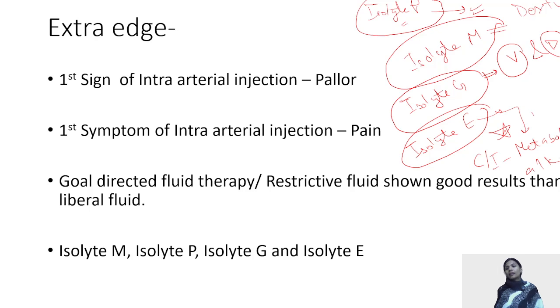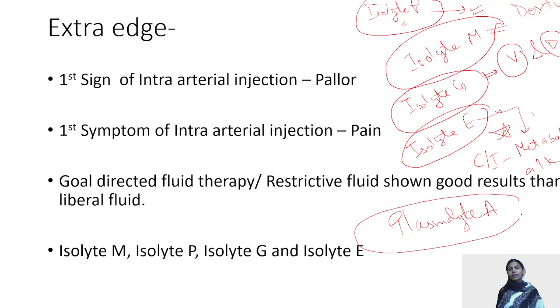And the last fluid that you have to know the difference from RL is Plasma-Lyte A. Plasma-Lyte is quite a physiological fluid, like our plasma osmolality. It is almost the same and also preferred nowadays because of the absence of lactate and presence of acetate in it. So these were the fluids for which you have to know the compositions.